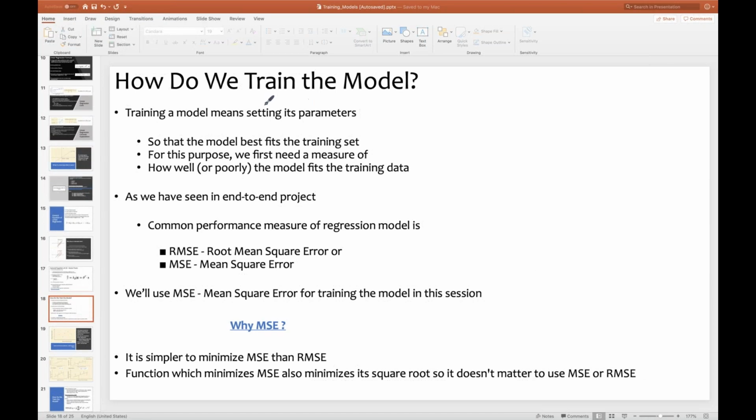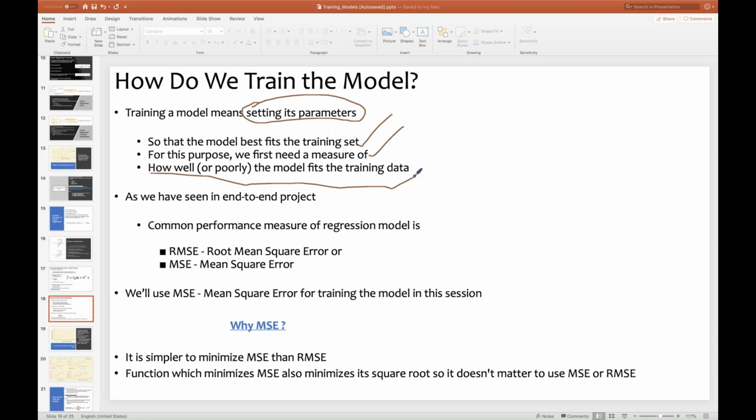When I say setting the parameters, I have to take the best parameter such that it fits the training set perfectly. For this purpose, we first need a measure of how well or how poorly the model fits the training data. This is where your errors come into the picture. Understand the flow.